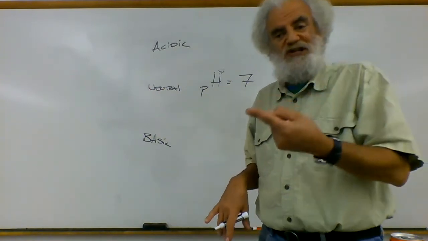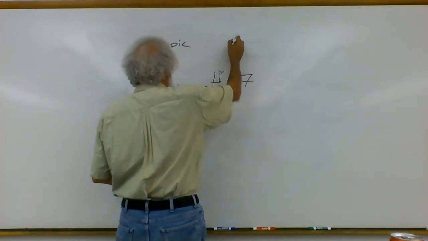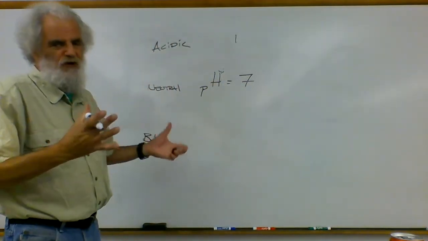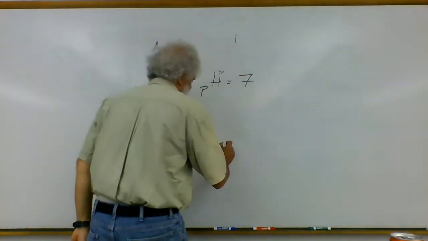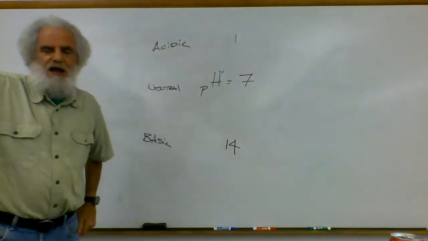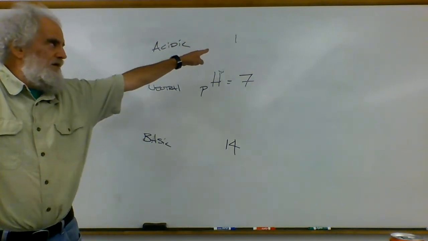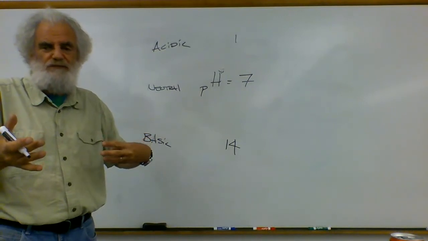So things that are acidic have a pH of around 1. Now, things that are basic, and this is somewhat arbitrary just to make it so it's in use at 7, but things that are basic have a pH of around 14. All right, so this is the pH scale. It goes from 1 acidic to 14 basic. It's a relative scale.